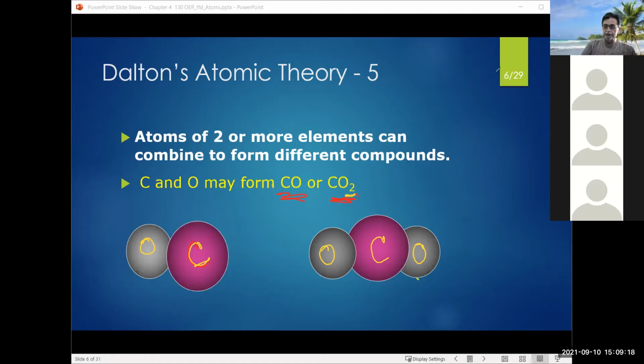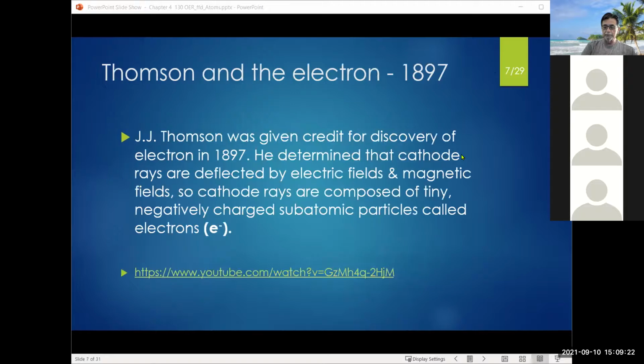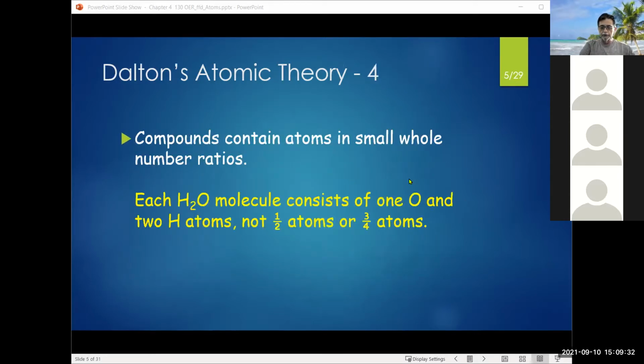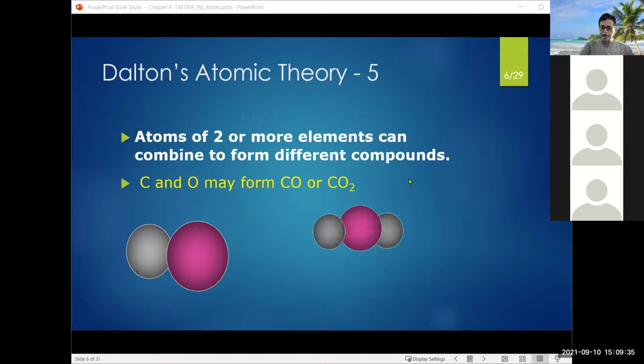It's just a precursor to nomenclature, or naming these compounds. All right, so that was the model that we had so far. Dalton just didn't know too much about it, but that was what he was proposing.